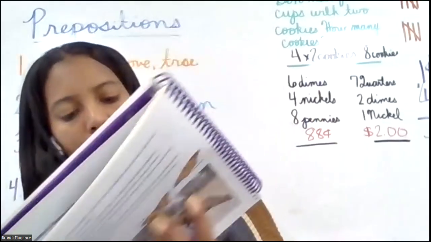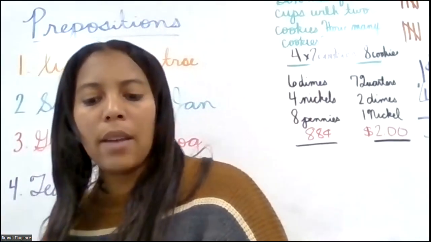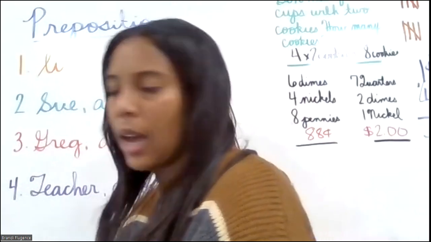Okay, so on 103, let's go ahead and answer the questions on 103. Number 1, who is the designer who gave each animal a way to protect themselves? God, of course.